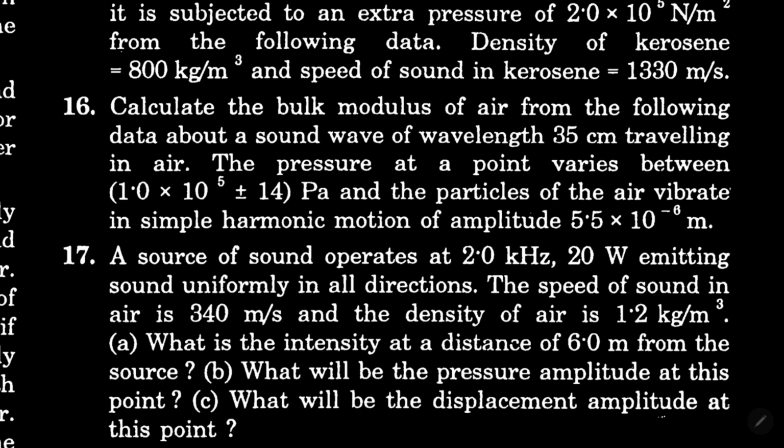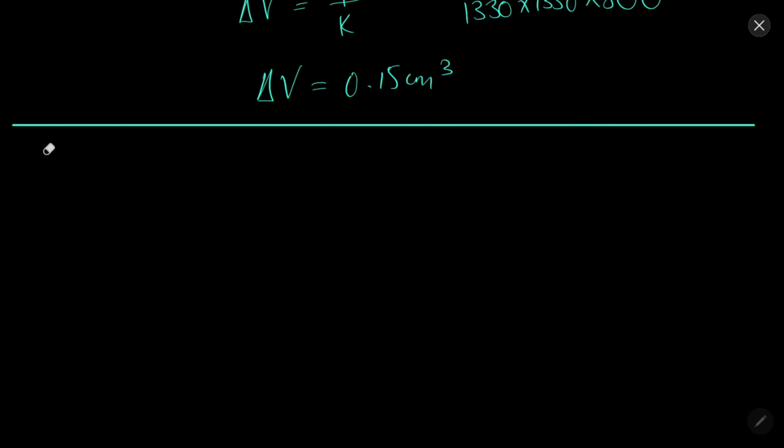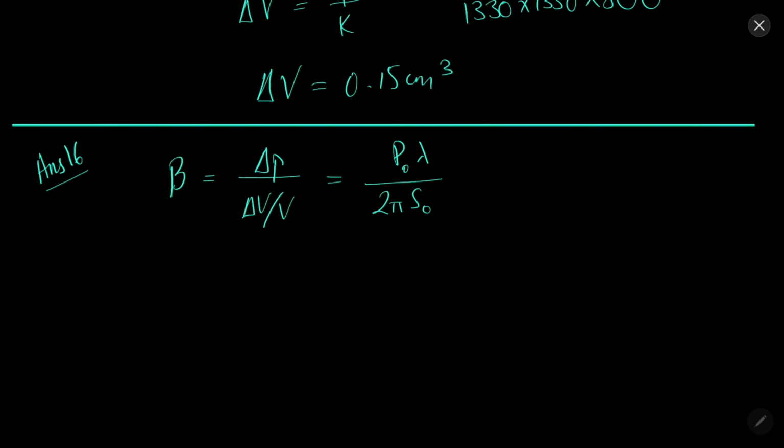In question 16, we need to calculate bulk modulus of air from the following data. Solution 16. So bulk modulus is del P over del V over V, which is P naught over 2 pi S naught. So P naught is the pressure amplitude. It is 1 into 10 to the power 5.